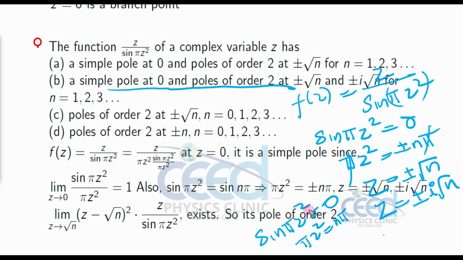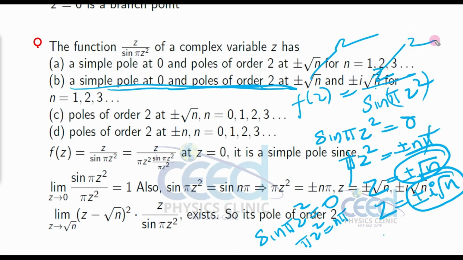Sin 0 is 0, so n equal to 0 is a single pole, and for plus or minus here we have a double pole. Okay, and here also we have a double pole, right? So it is a pole of order 2 at plus or minus root n and plus or minus i root n. So this is a double pole, and this is also a double pole. Okay, so the correct option is B, right?